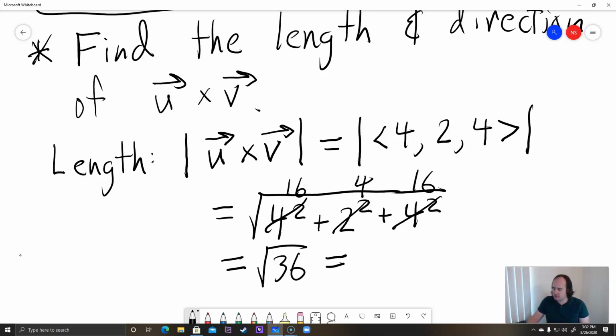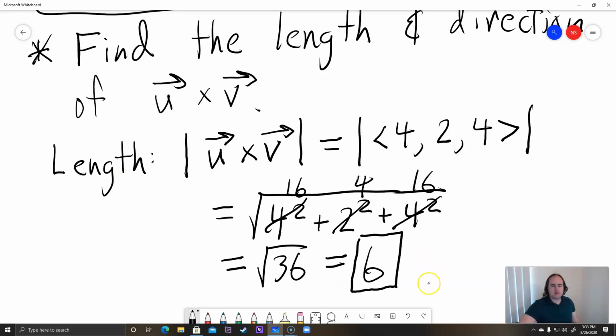So the length of u cross v is actually just going to be 6 in this example. Now sometimes you'll have a square root, but we got lucky. This time we don't have a square root, because everything's simplified. Okay, so the length is 6. And remember, the length is the same as the distance from the initial point to the terminal point of the vector.